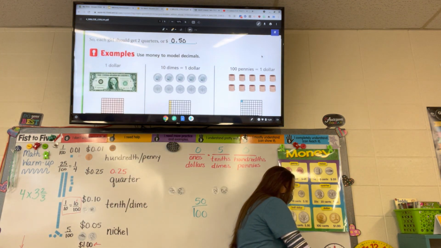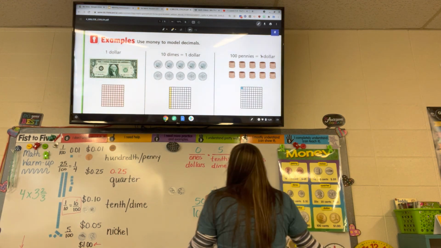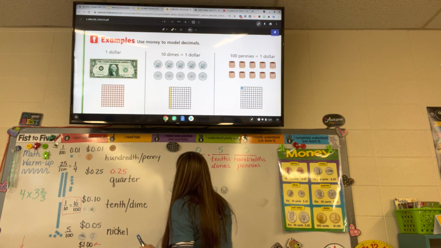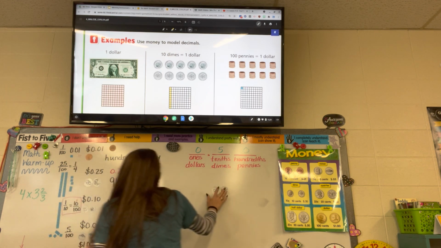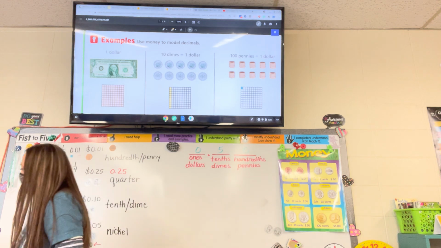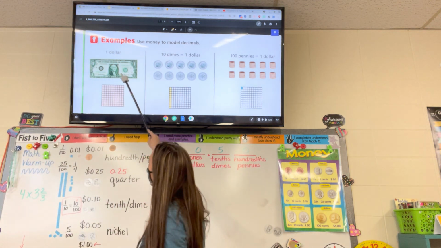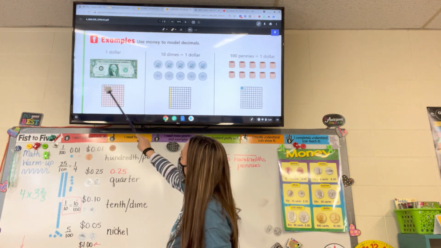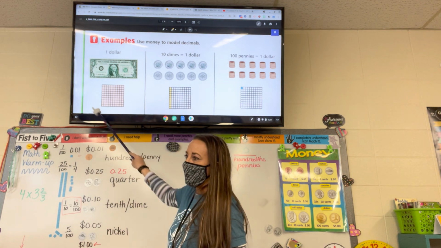Okay, so we can use money to model decimals. Let me put my quarters back over here. It says that $1 looks like this. I've got my examples down here, and it is a whole, is what they're saying here.